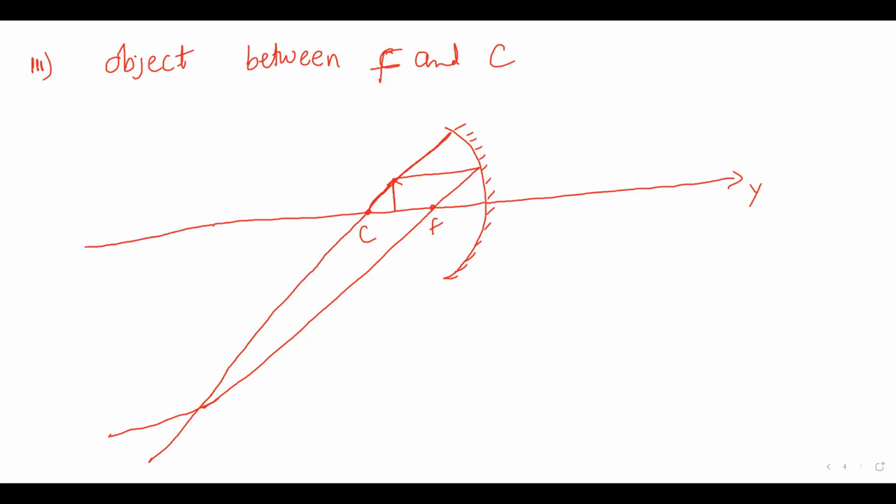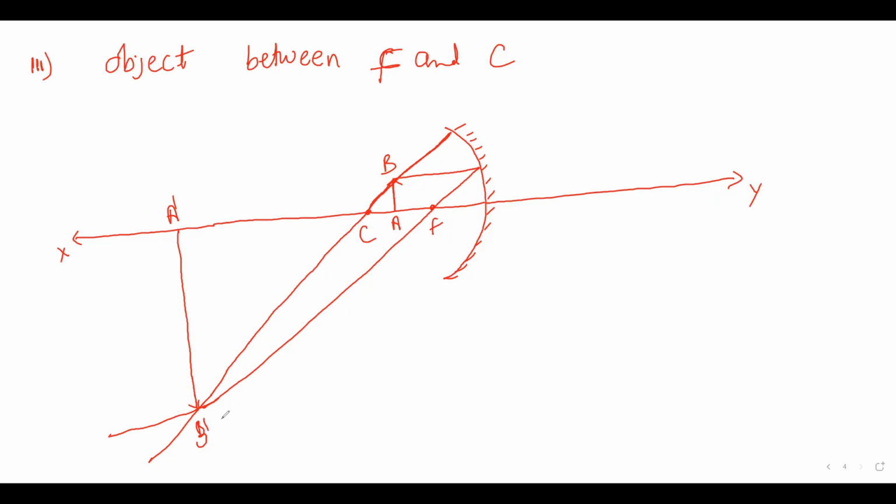I'm extending the principal axis. So real inverted enlarged image, you got a real inverted and enlarged image. If AB is the object, A dash, B dash will be the image.